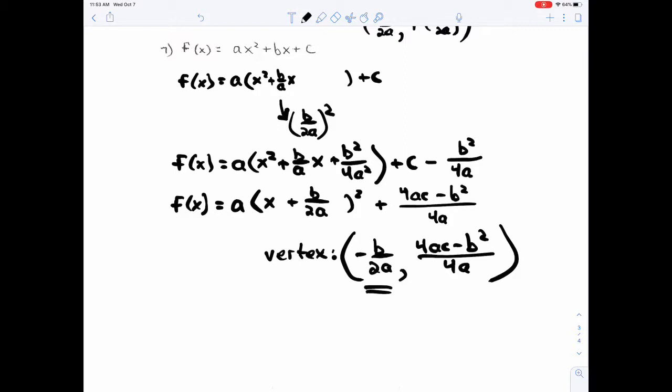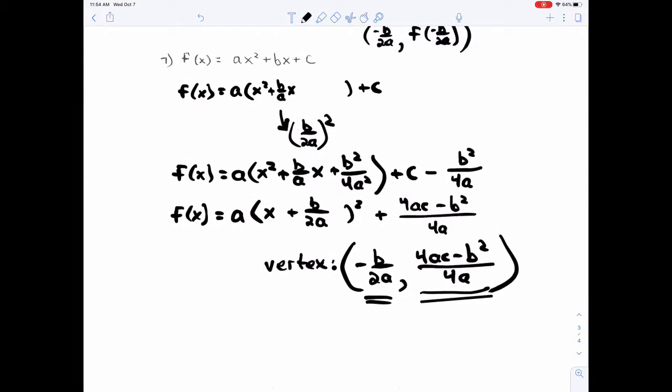You could have this whole thing memorized and just plug in a, b, and c, but I don't know that it's really worth your time. I just don't like to tell people to do things just to do them. There's always a reason, and I like to explain why. So where did that negative b over 2a come from? From completing the square on f of x equals ax squared plus bx plus c. In other words, that's standard form.